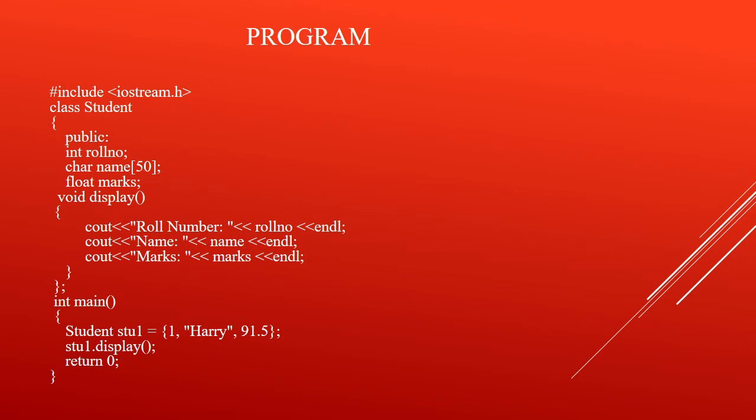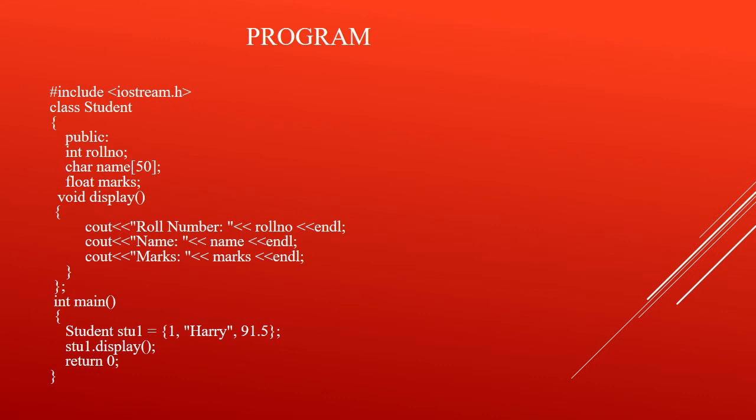In the class concept, always the first statement of the main function is creating the object. After creating the object, I have called the member function using the object, stu1.display. After seeing this statement, the control passes to the member function.